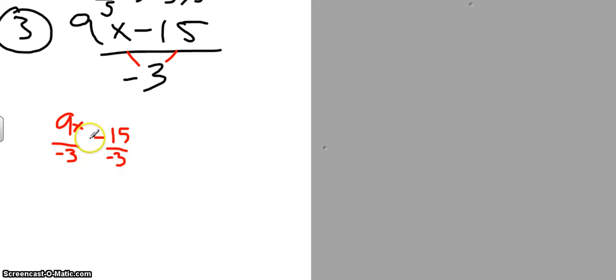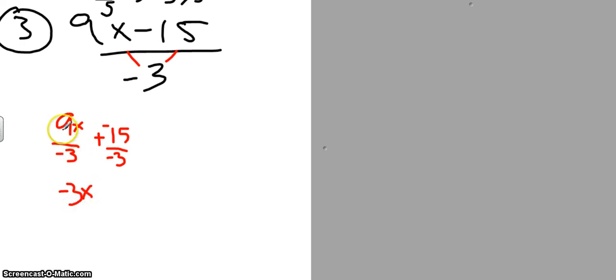Okay, good. So now let's change the subtraction to addition of the opposite so we don't lose track of things, right? Okay, so now we can treat them each separately. 9 divided by -3 will give you -3, won't it? -3 times -3 is 9.